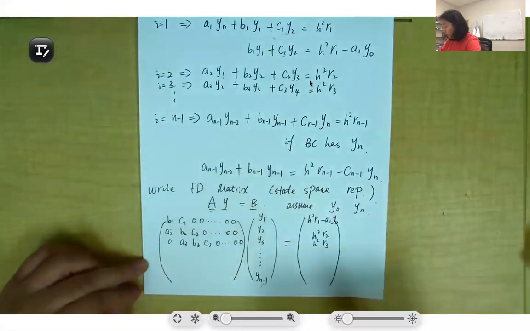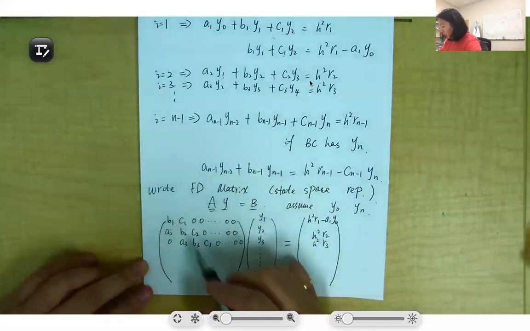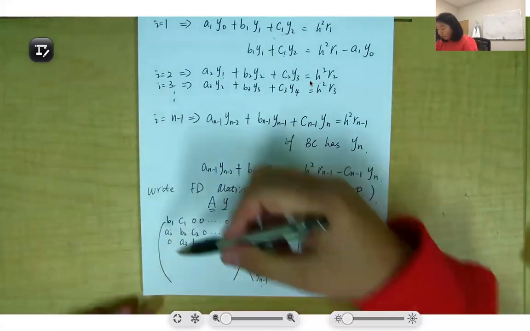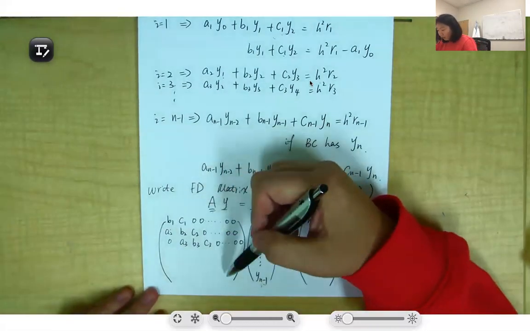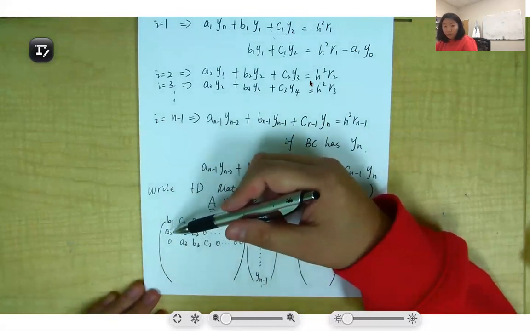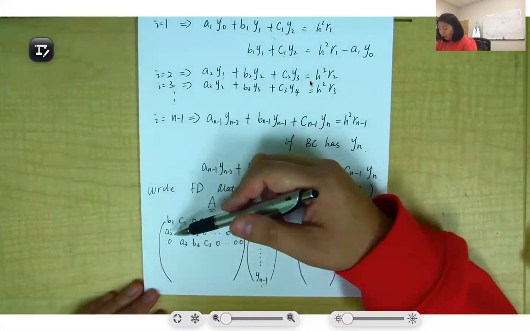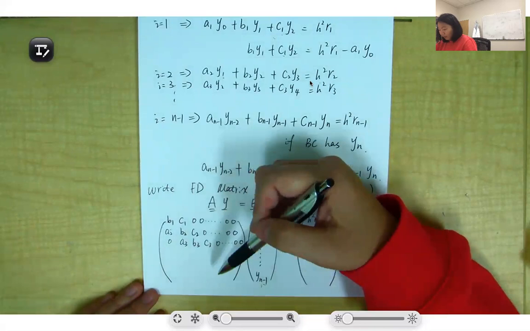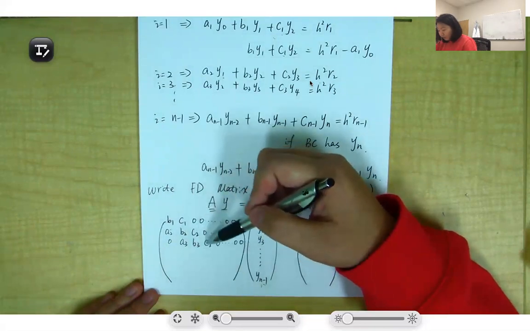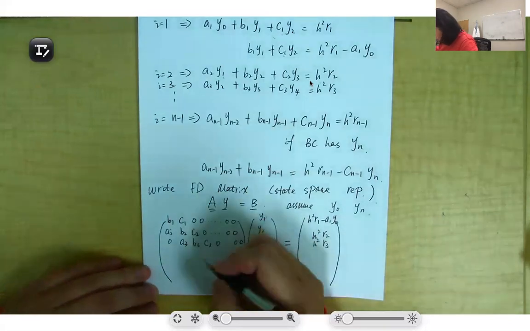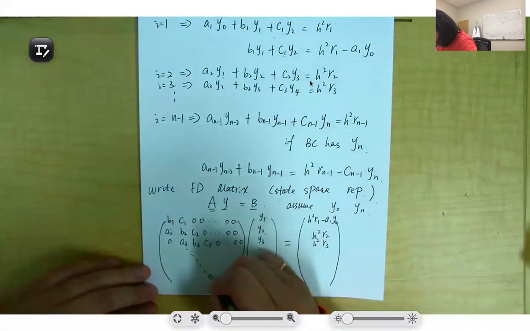Okay. Then you can write this matrix. It's a tridiagonal matrix, where the main diagonal will be b1 until bn minus 1. Then there are the upper and lower diagonal elements: a2, a3, a4, etc., and c1, c2, c3, c4, etc. So you will have until a n minus 1.